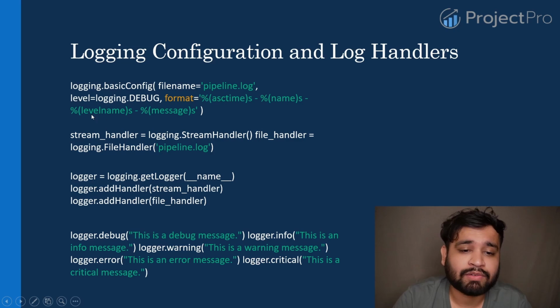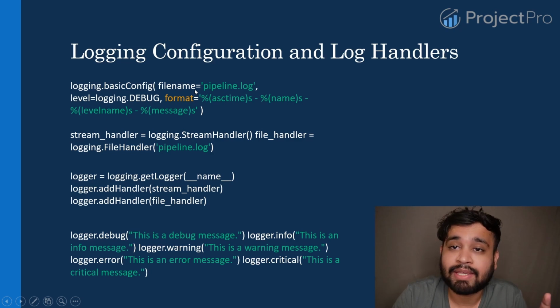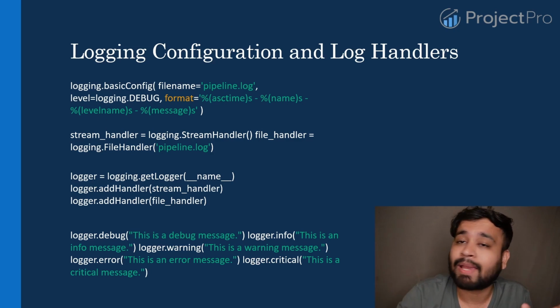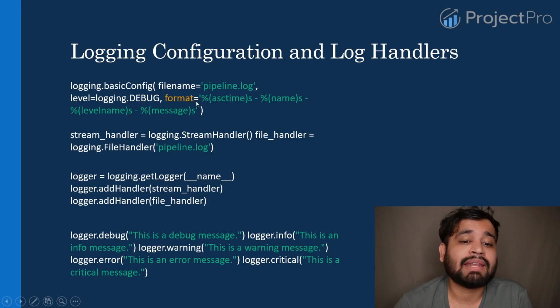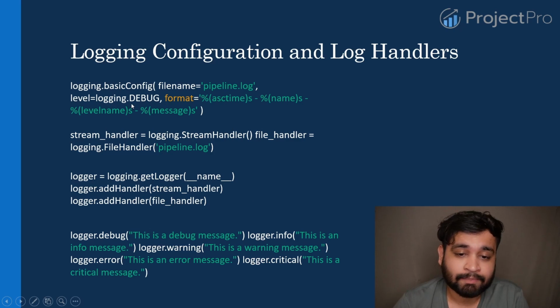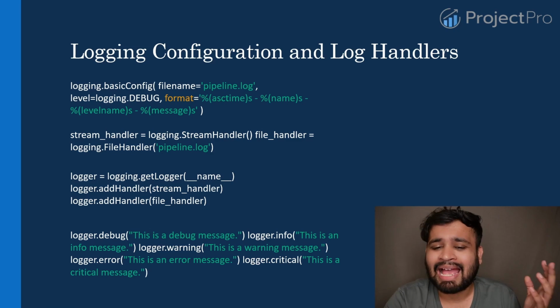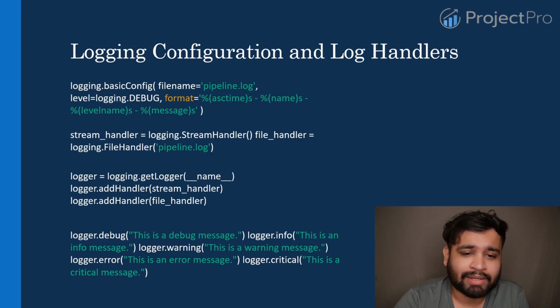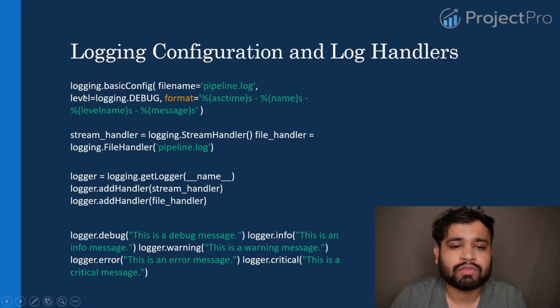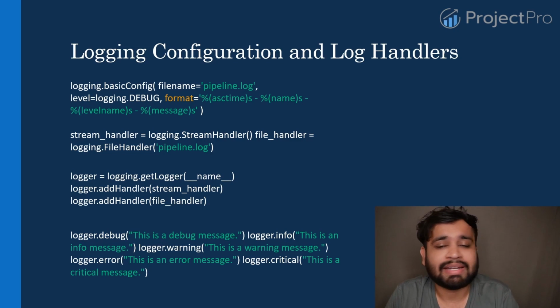Here we provide the file name, so it will generate a file like pipeline.log, and the level of the logging is debug. We will also provide the location of that file as well as the log format. Once it is done, you can paste this first snippet into your code for setting up the logging.